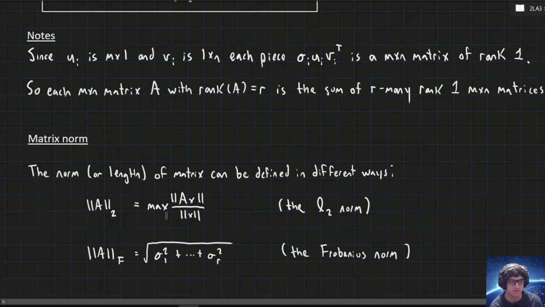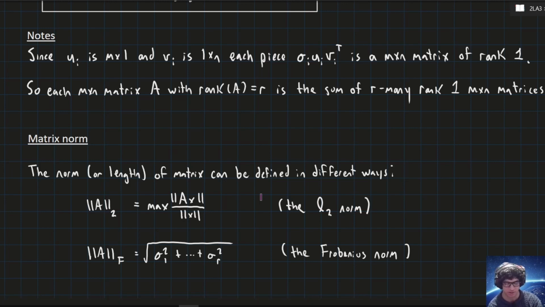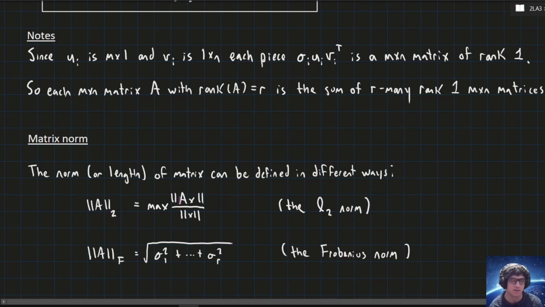It's the maximum of the length of AX divided by the length of X. You look over all X's in the domain of A, in other words, all vectors in R^n, and you see what's the biggest possible ratio between the length of AX and the length of X. In other words, what's the biggest possible stretching of a vector that the matrix could do? That's one way to define its size.